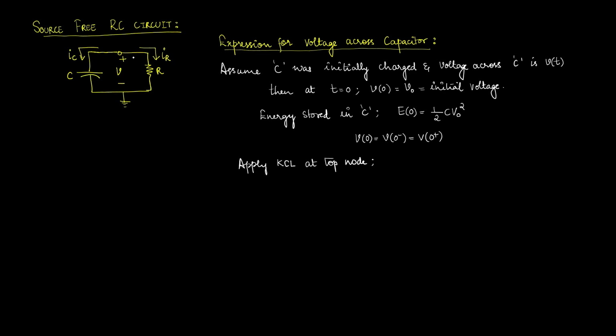Now let us apply KCL at the top node. The current leaving through the capacitor, IC, plus the current leaving through the resistor, IR, is equal to 0.